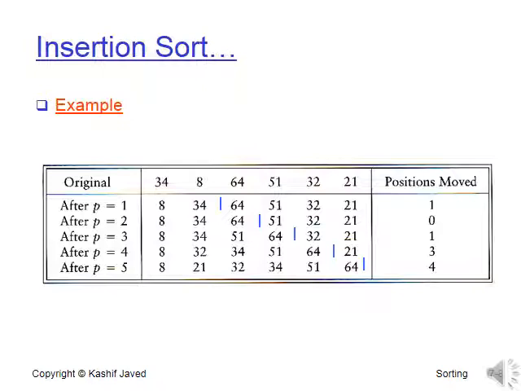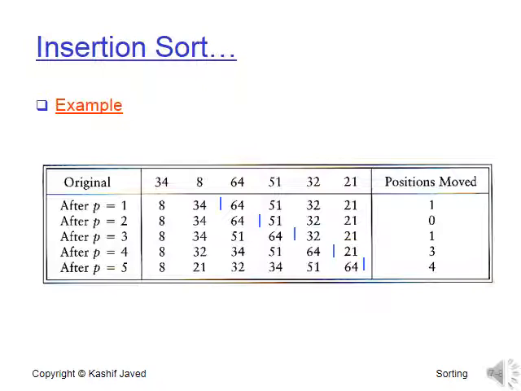Therefore, we do not swap the positions of the keys. 0 positions moved for this case. In pass 3, we pick key 51. Now key 51 is less than 64. Therefore, we swap it. Key 34 is less than 51. Therefore, we do not swap any further. Positions moved in this case will be 1.